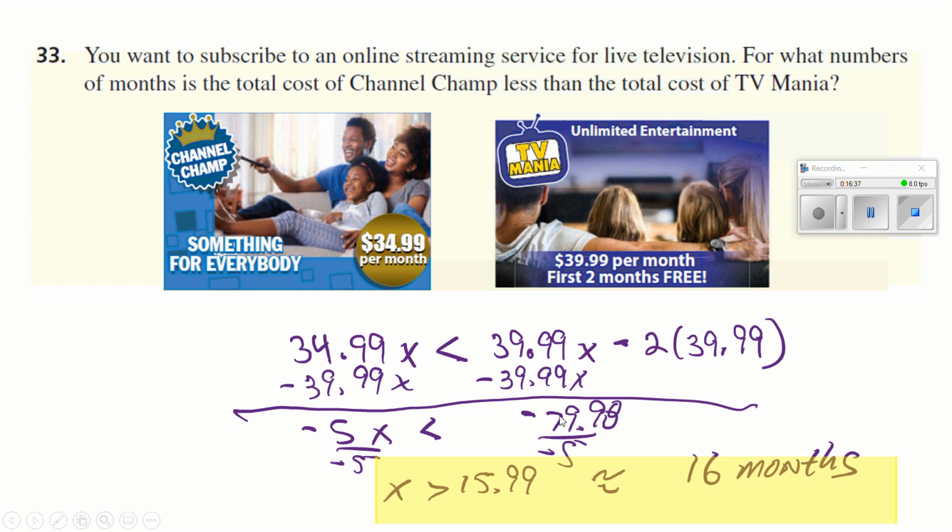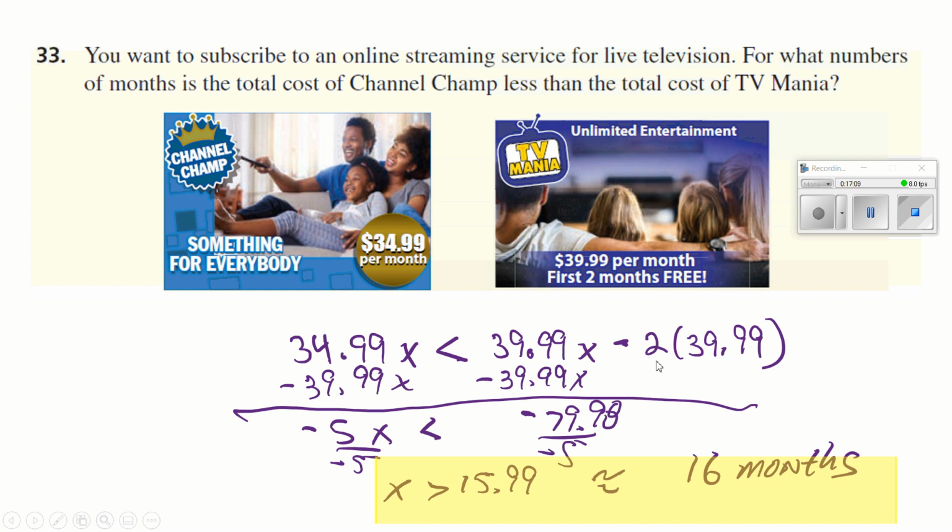So the first thing that they're having me do is combine my like terms on each side. I'm going to subtract $39.99x from both sides so I can isolate the variable and get it on one side. $34.99x minus $39.99x is negative 5x. That's going to be less than, remember, this is adding and subtracting. We are not dividing yet, so we don't have to turn the symbol around.